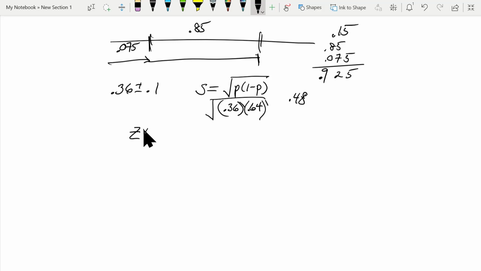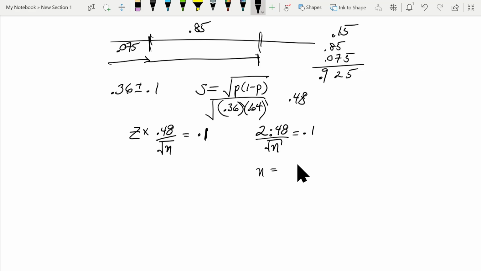Z times the standard error, 0.48 divided by the square root of n, is equal to 0.1. What do I need to solve this for the sample size? I need to know the z value. I need to know what percent confidence interval it is. What if it's a 95% confidence interval? Z is about 2 times 0.48 divided by the square root of n is equal to 0.1.